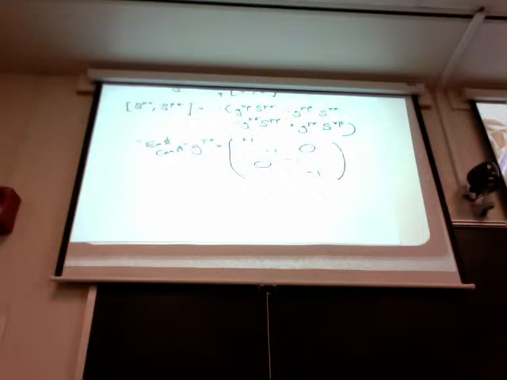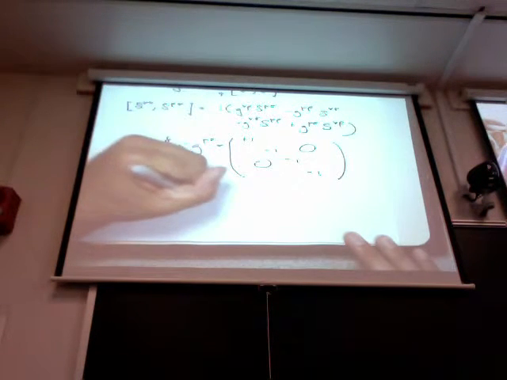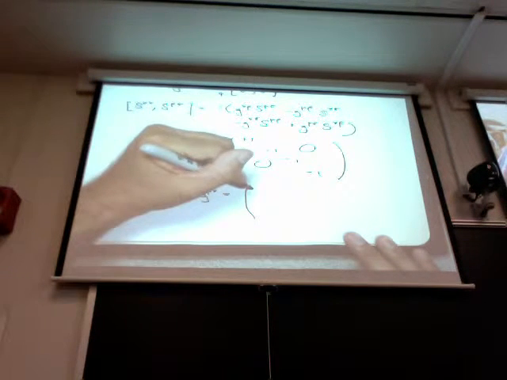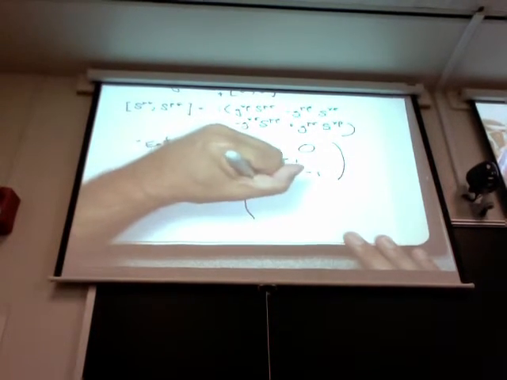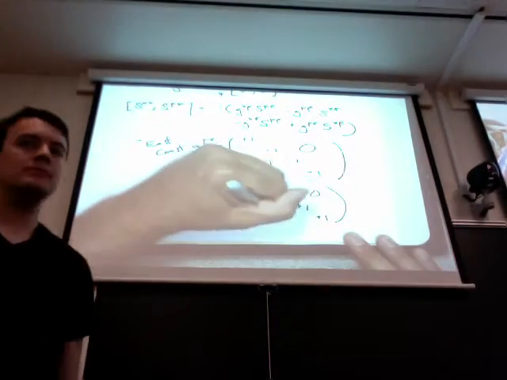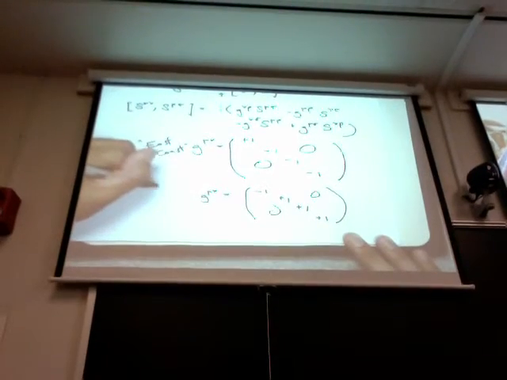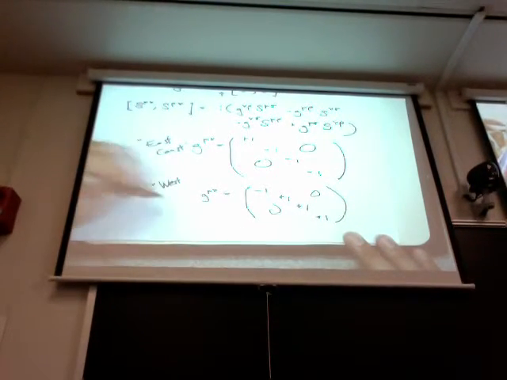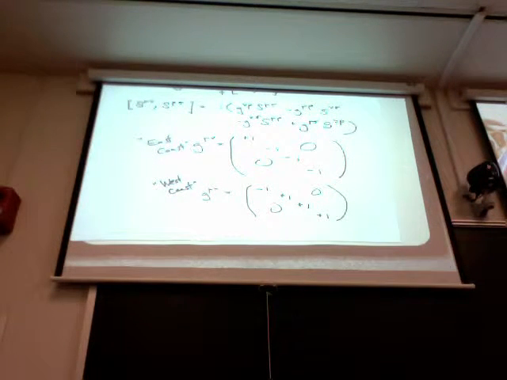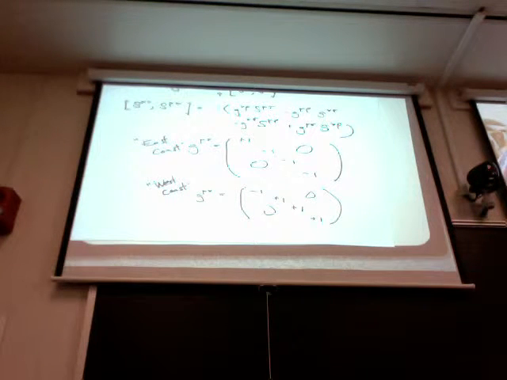Yes. But just to finish off what I was saying, you have an East Coast metric and you also have a West Coast metric, which if you're in GR, you might use, where it's minus plus plus plus. So when you look up something in a QFT book or even a GR book, check in the front or the back and check the conventions, because a lot of times there might be a difference in the metric that you're used to.